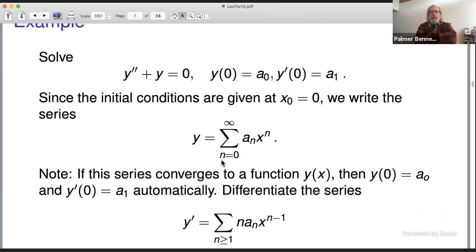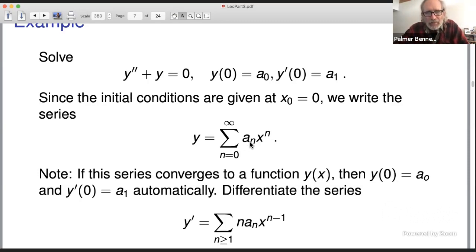So we just write down a power series, which is going to be the sum of a_n x^n. Remember, we take the center of this power series to be 0 because the initial conditions are at 0. So if this were not 0, but some x naught, we would take a power series at x naught.